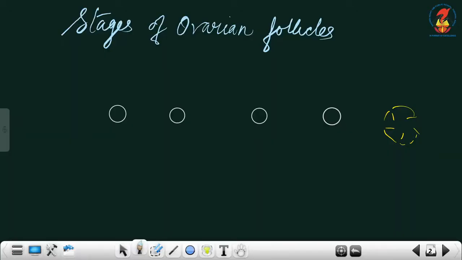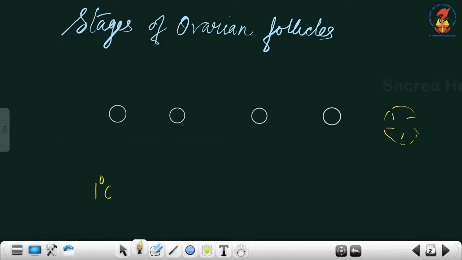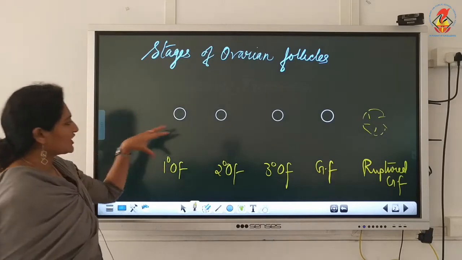So first let me tell the names of the stages, very easy to remember. Primary ovarian follicle, secondary ovarian follicle, tertiary ovarian follicle, Graafian follicle, and finally we have the ruptured Graafian follicle. Okay, so now I just gave a base here.